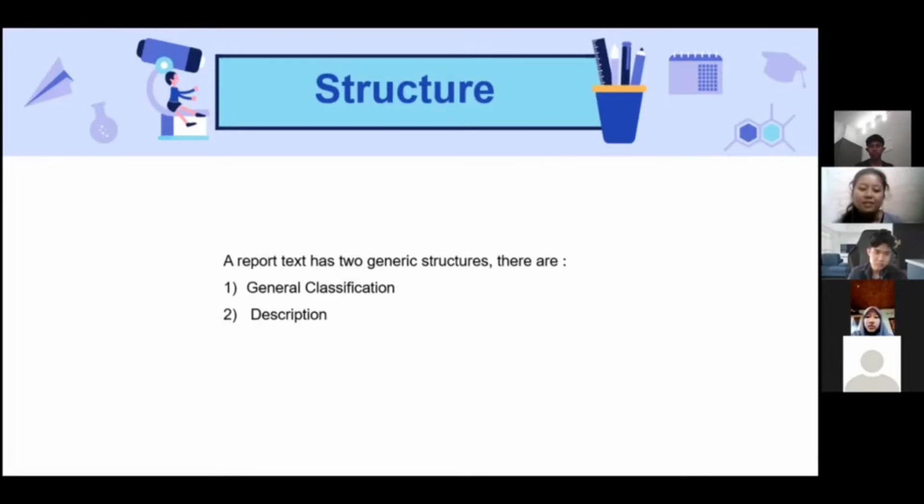The second structure is description. Description tells the phenomenon under discussion in terms of parts, qualities, habits, or behaviors.